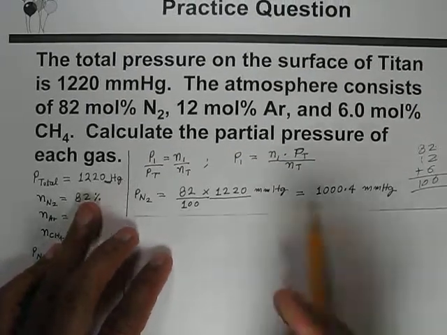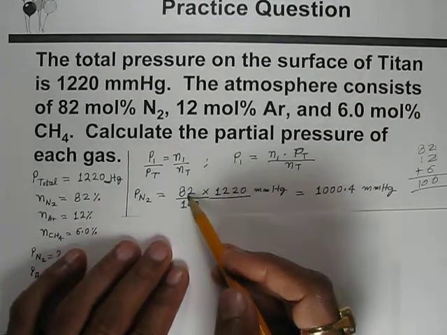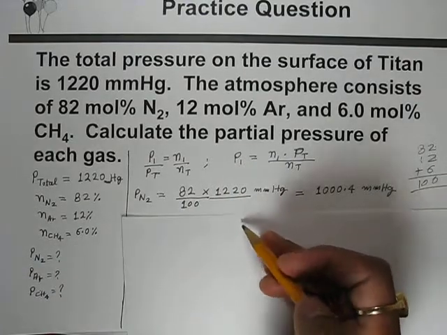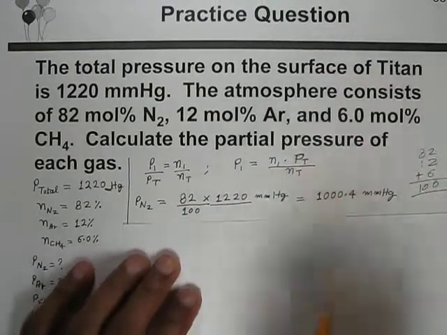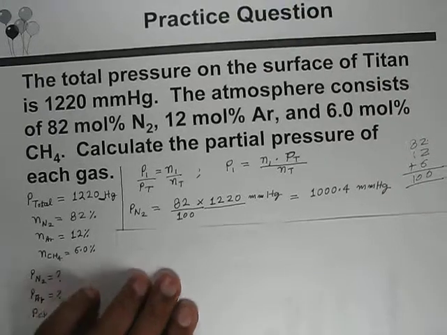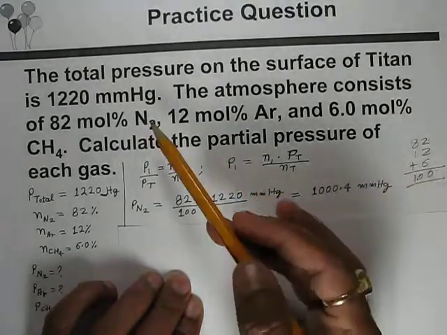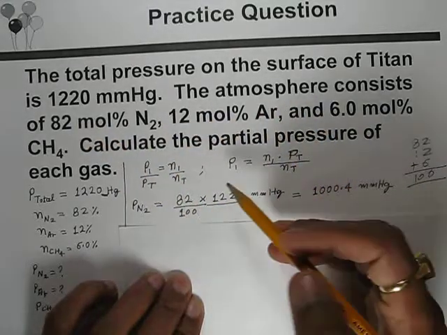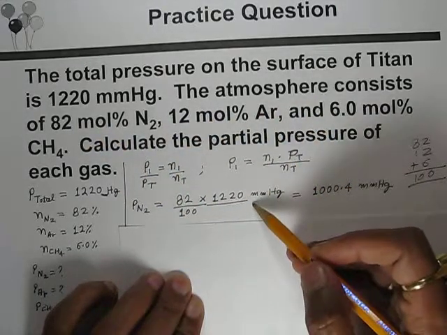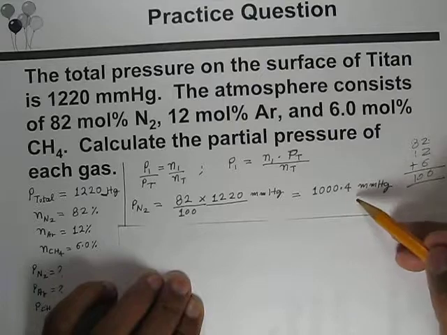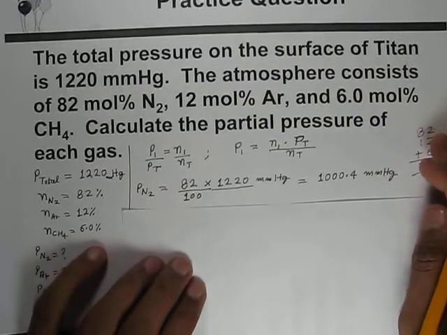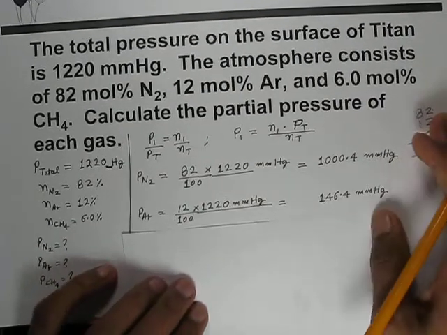So here it is 82 mole, basically 82, and then total number of moles will be 100 when you combine all these, and then multiplied by total pressure. So this will come to 1000.4 millimeter Hg.